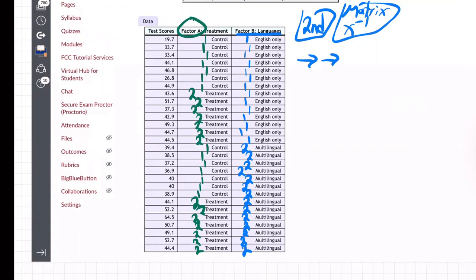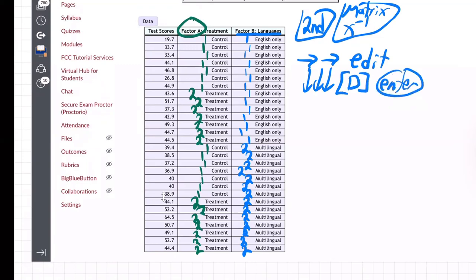So here's my calculator. Let me clear this. I'm gonna turn this on. There it is. Clear it. Okay. I'm gonna hit second matrix. I'm gonna go over to edit. That's right. So I go over twice to the edit menu. And then I'm gonna need to go down 3 times to matrix D and hit enter. So down to matrix D, hit enter.